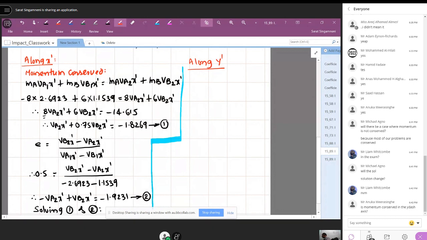That is one equation. The second equation is momentum of B along y dash before impact is equal to momentum of B along y dash after impact. The plural for momentum is momenta.